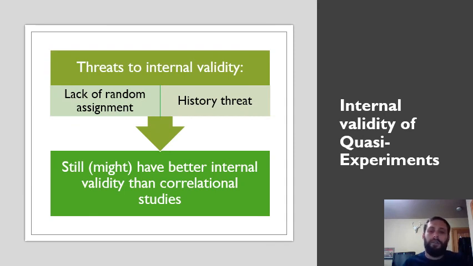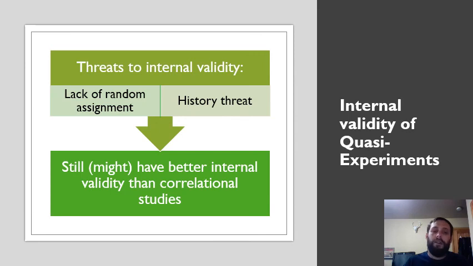So one concern with quasi-experiments is that because we have this lack of random assignment and this idea of history threat, which is essentially that somebody who contained this attribute might have a different history as compared to those individuals that don't have that attribute. Take for example the individuals that have been abused as children, who oftentimes have a different history as compared to their control group counterparts, where we can't control for that when we're doing a random assignment.